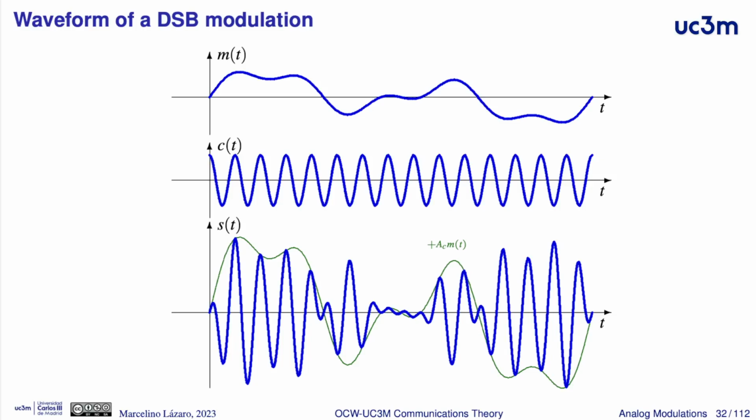Now the product is the blue curve that we have here, and this is the shape of the modulated signal for a double sideband modulation. Now the envelope of this signal is sometimes proportional to m of t and sometimes is proportional to minus m of t. Therefore, an envelope detector will not be able to recover the information.